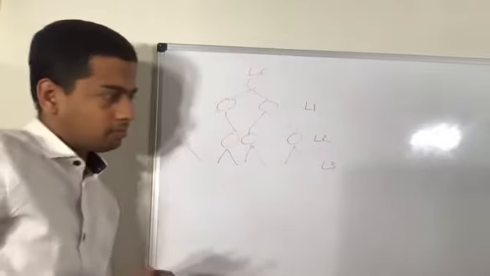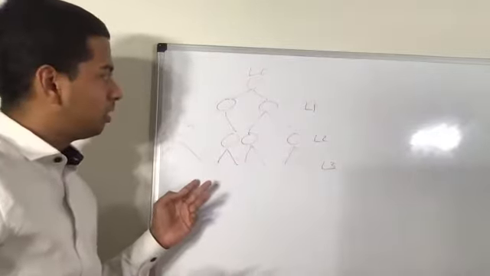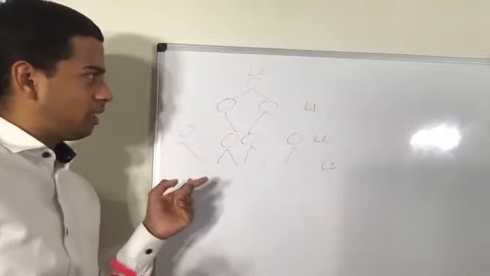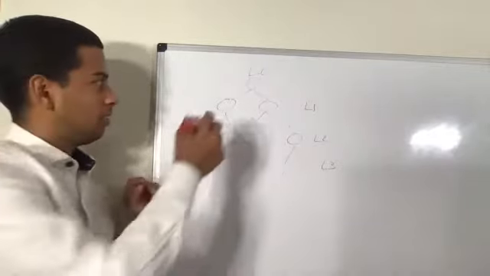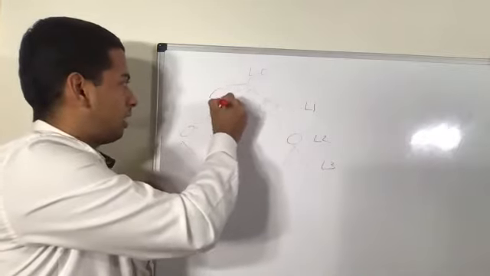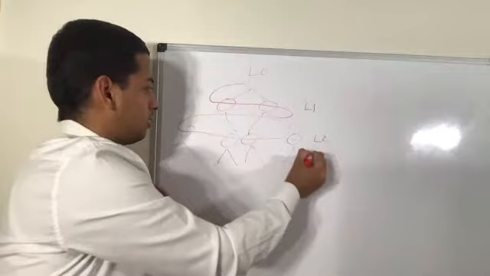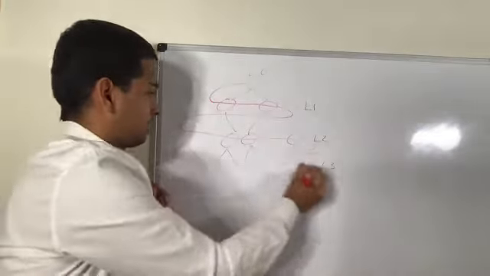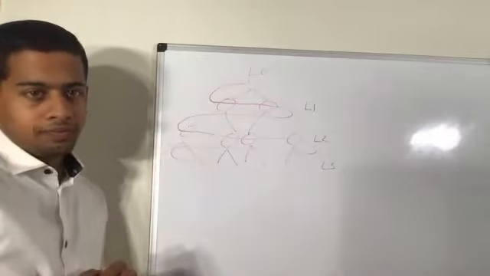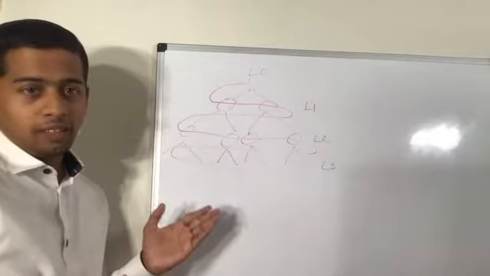Okay, so how will this print? It will print like a spiral. This is how it will print. That's why it's called a level order traversal.